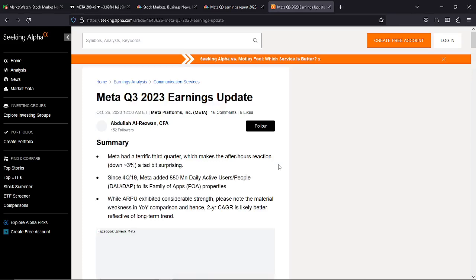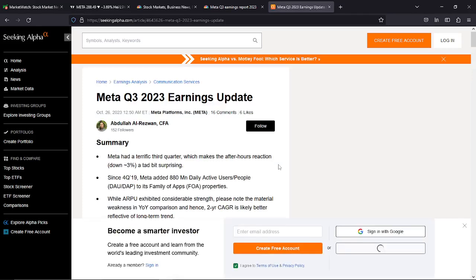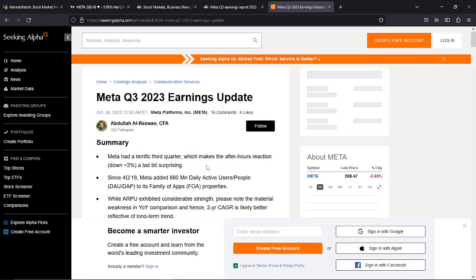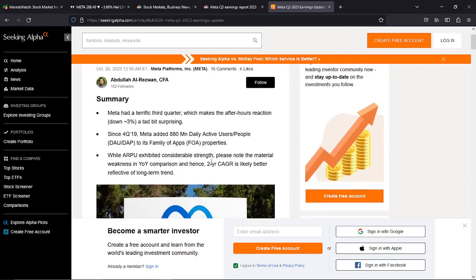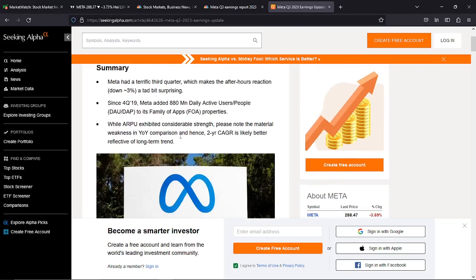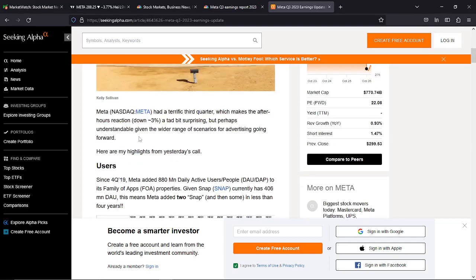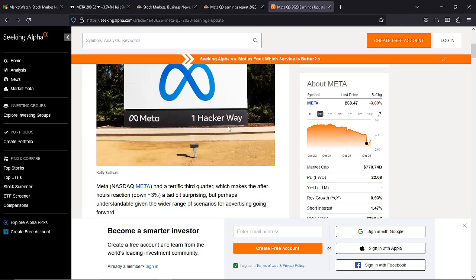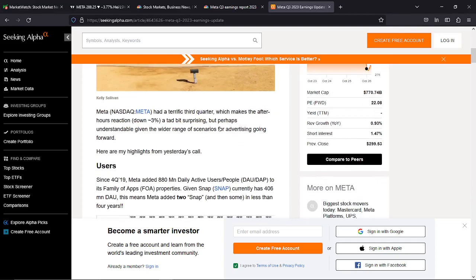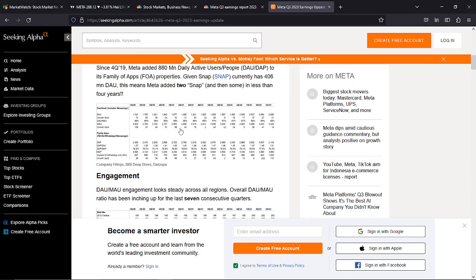As I read the articles, the earnings review, right? They had a terrific third quarter. They added some active users, exhibiting considerable strength. Please note the material weakness year over year. Okay. You can see all the fundamentals.